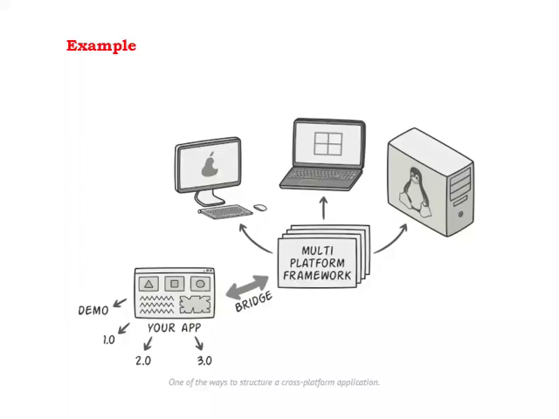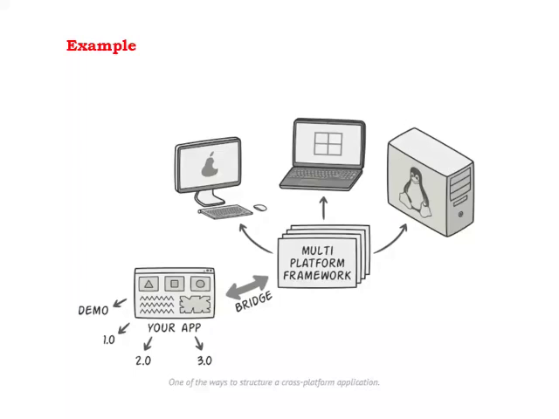In order to solve this type of problem, we are going to use the bridge pattern. This suggests that we divide the classes into two hierarchies. The first one is abstraction and the second one is implementation.